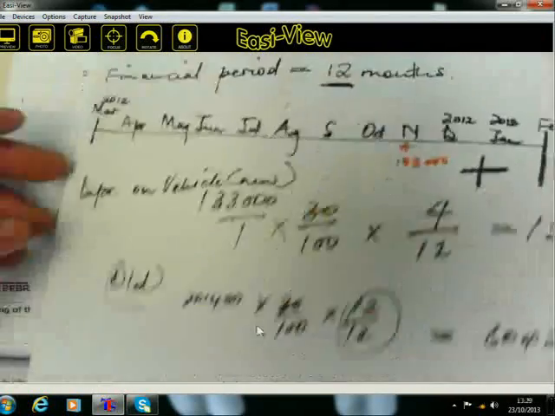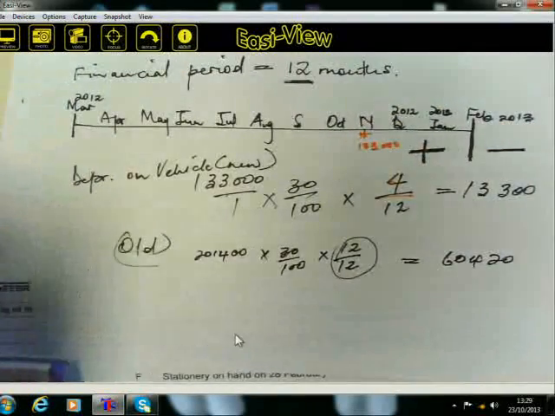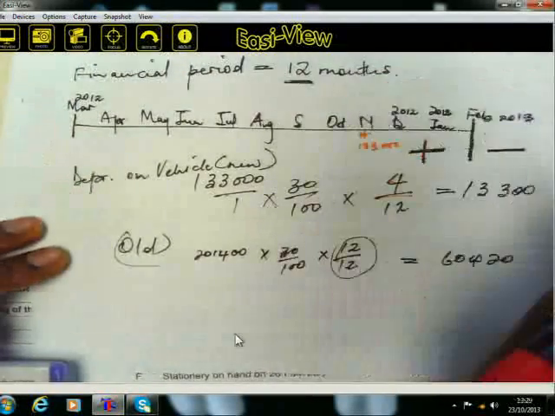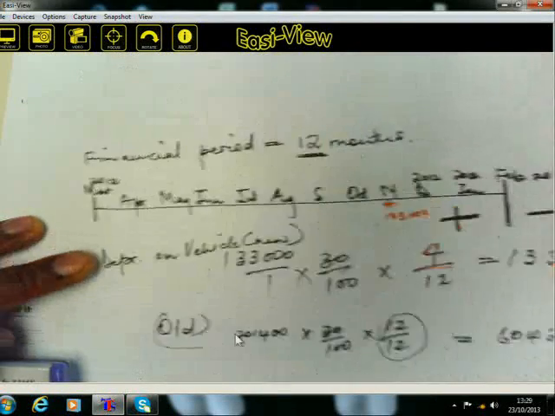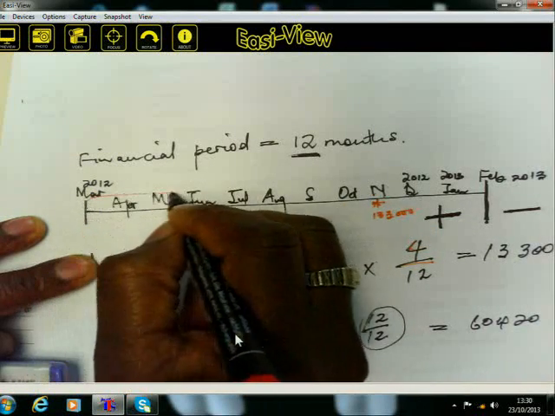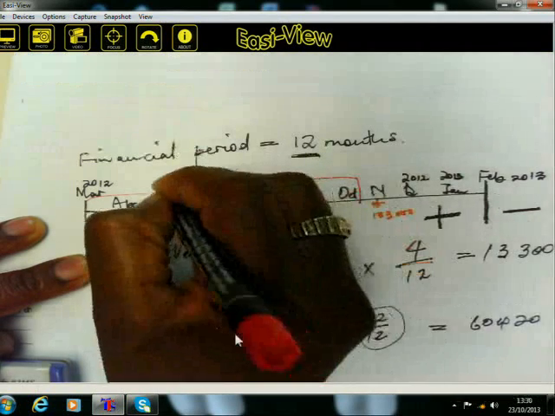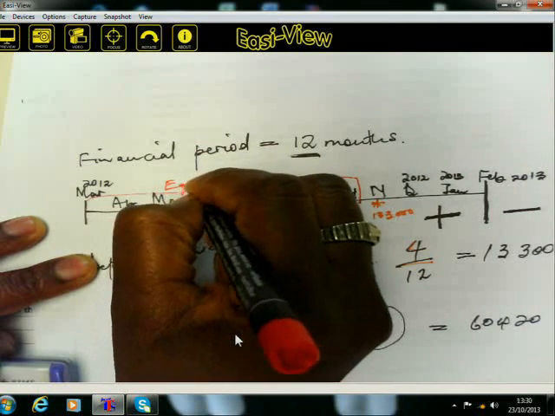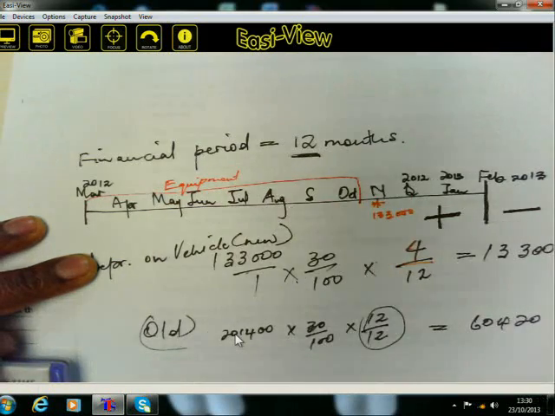Where's my financial year? We sold it in October, on the 31st. So it means we have used it from March until the 31st of October. That was when we used the equipment, because on the 31st we sold it.